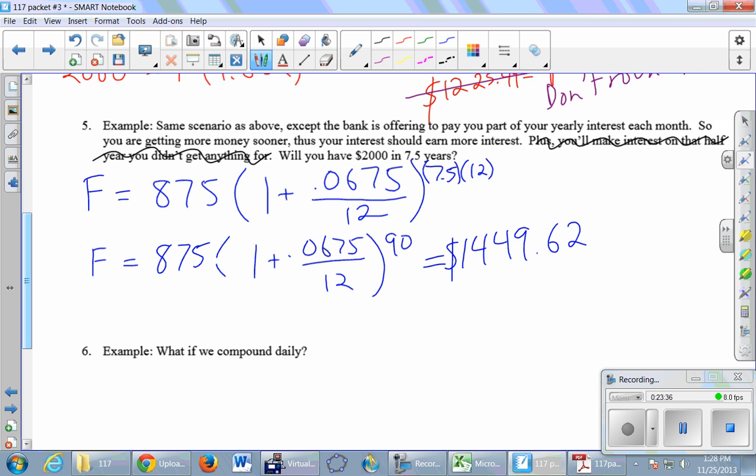The 12 changes, and yeah, the 90 changes, but that's only changing because of the other 12. It's really the two 12s that are changing. What are they changing to? 365. Yes. Both of those 12s are going to change to 365s.